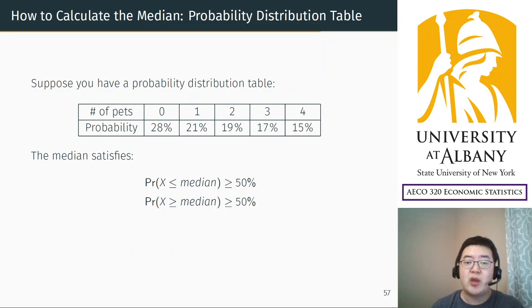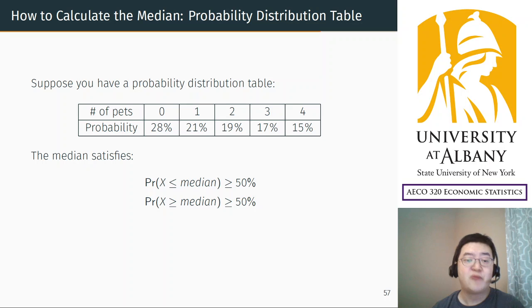Of course, when you get a frequency distribution table, then you have to transform the frequency into probability first and then continue from there. So I will assume that the probabilities are available. And just consider a simple example data set.